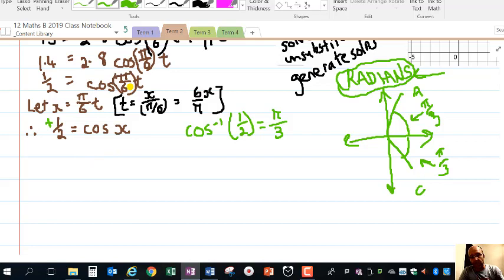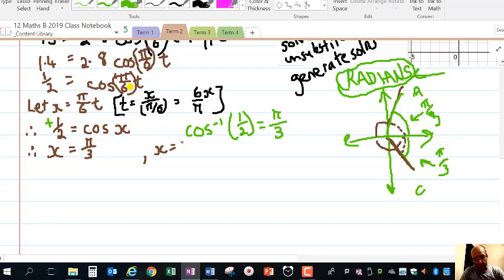So let's work out the actual angles. Obviously we have x equals pi on 3, but we also have x equals 2 pi take pi on 3, so that's 5 pi over 3.